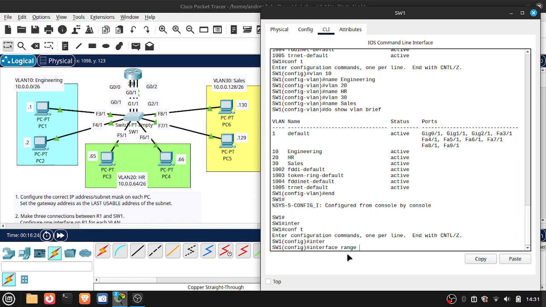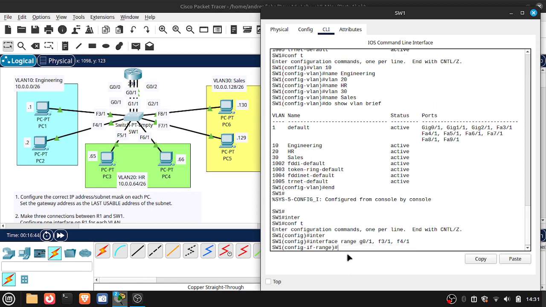So we said gigabit 0/1, fast Ethernet 3/1 and fast Ethernet 4/1.